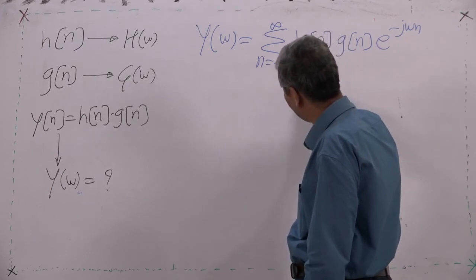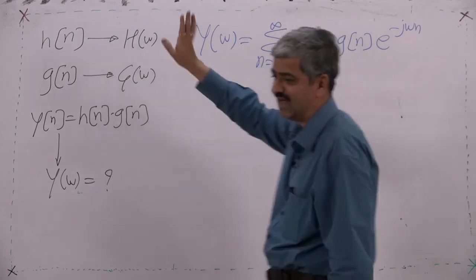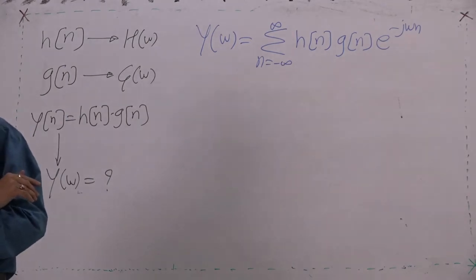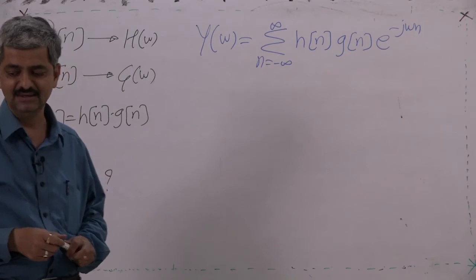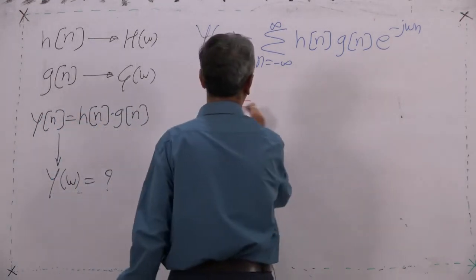I hope you understand. Similarly, you are at liberty to replace one of them. What is hn? I can say hn is the inverse DTFT of H(omega). So I replace hn by the inverse DTFT of H(omega). So what is this now?